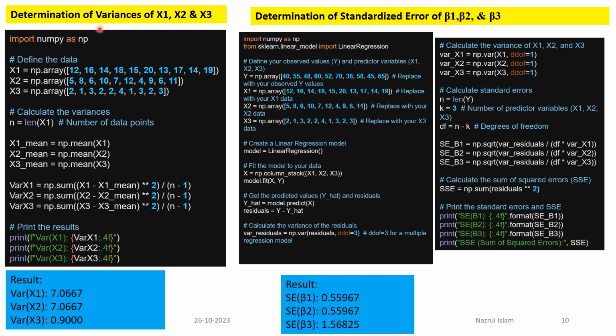In this code, we will determine the variances of x1, x2 and x3, and these are the results. Next, we have to determine the standardized error of beta 1, beta 2 and beta 3. This is the code and these are the results, similar to manual calculation.